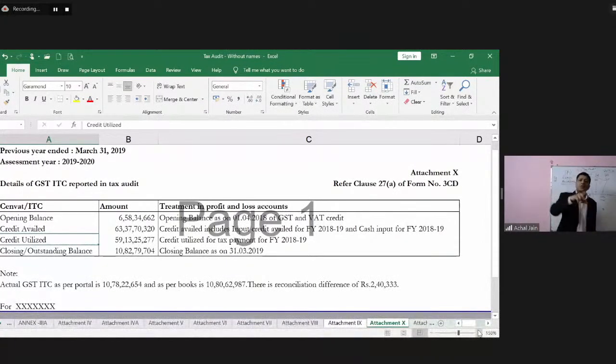At the same time, auditor will also establish a correlation of the reported amounts under this clause with the GST portal. Yeah, because these are all statutory records, so that's why it's always better to report any of these differences if they appear to be in the GST portal. Okay, clear? Now moving on to the next clauses.